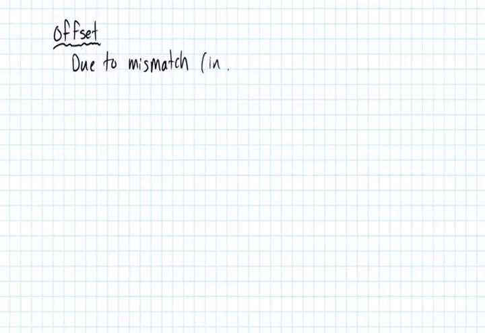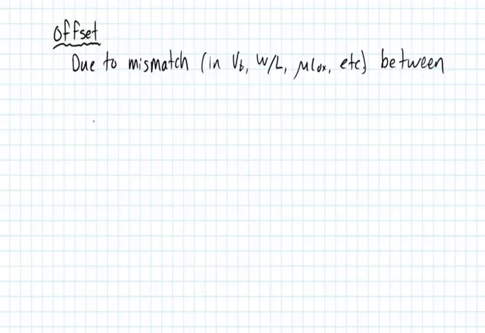Now, one other non-ideal effect that I'd like to briefly describe is offset. So due to mismatch in VT, W over L, mu Cox, etc., due to mismatch in these parameters between branches in our differential mode circuit, VID is equal to 0 if we apply 0 differential mode input.